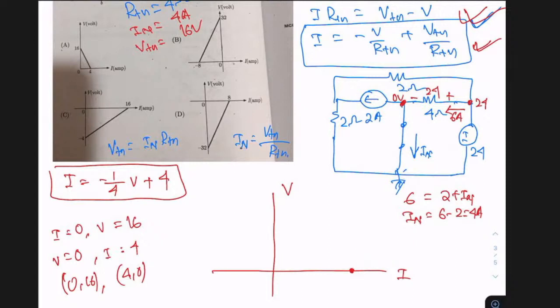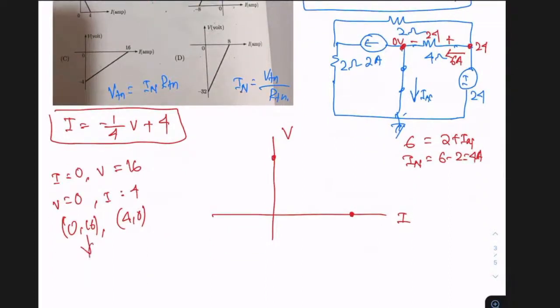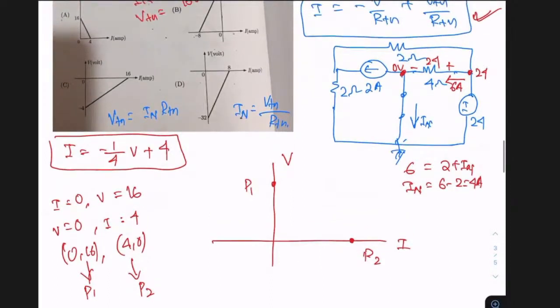One second. Okay, if I'm saying this is my point 1 and this is my point 2, where for point 1, X is 0 and Y is 16. So point 1 coordinate is 0, 16, so you'll be getting here 16, and point 2 is this, your 4.